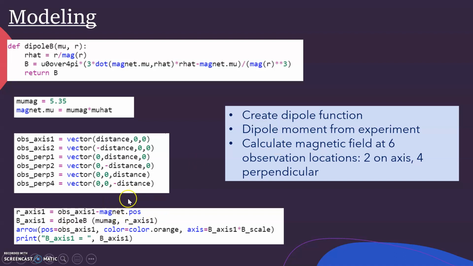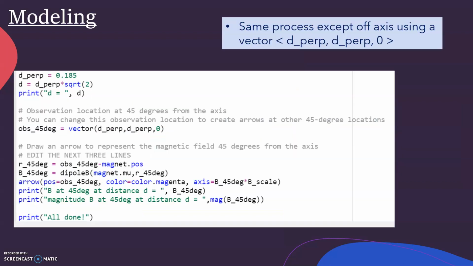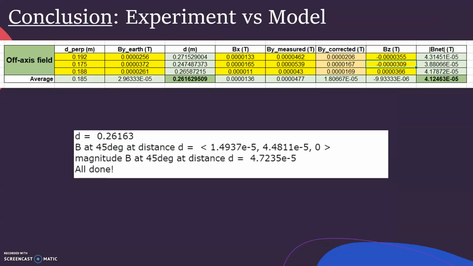And I showed one example of just calculating the r vector, then using the function and displaying it as an arrow. And then it was the same exact process for off-axis, except the vector, instead of having 2 0 components, was d perp 0, which in my case was 18.5 centimeters.